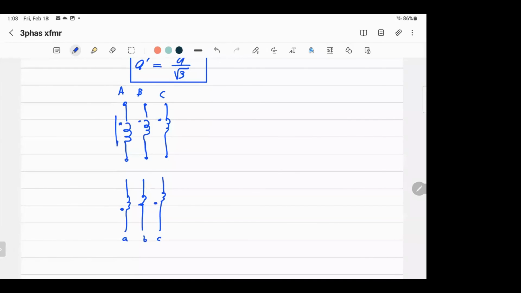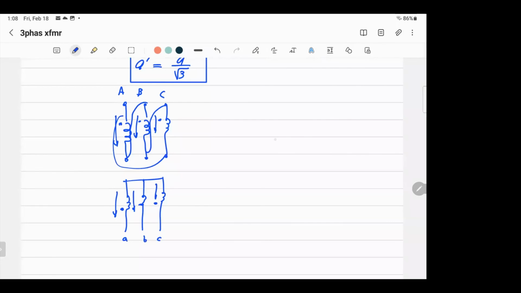We said the current goes in this direction, and the connection is Y. When you make it like that, it means that if this A is linked with this small a on the same core, they should be parallel. So what does it mean?